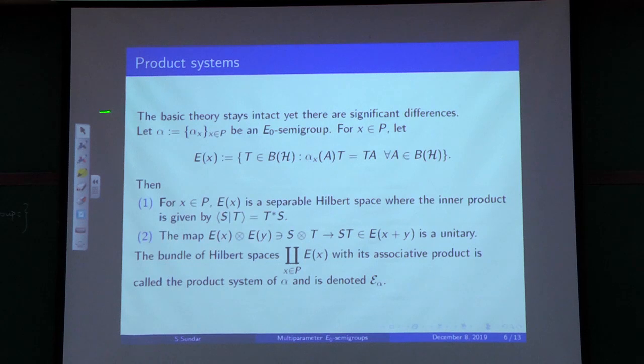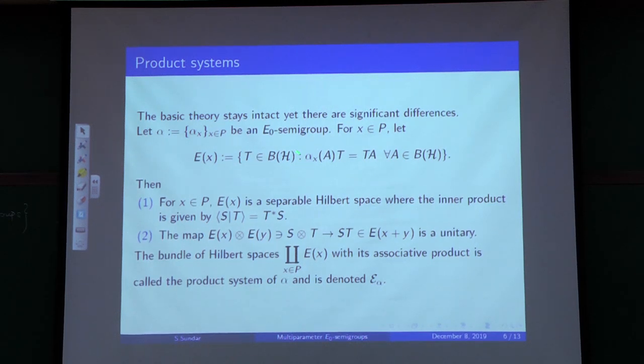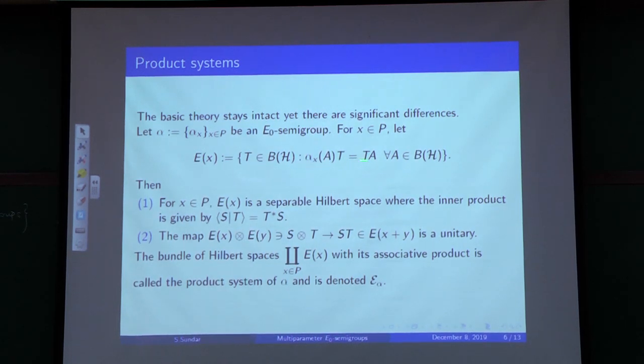So alpha is an E0 semigroup. For every x in P, you look at Ex, which is all those operators T. You think of alpha x as a representation of bounded operators B of H on B of H, and T are those which intertwine alpha x and the identity representation.